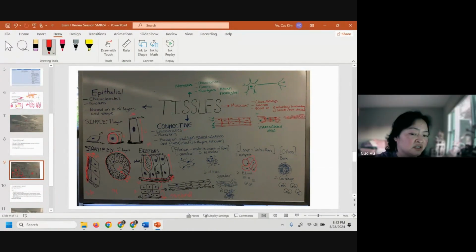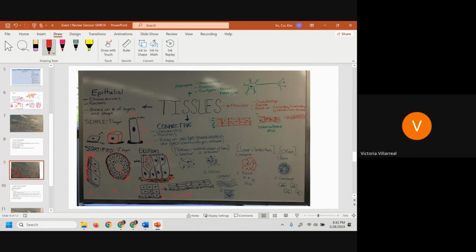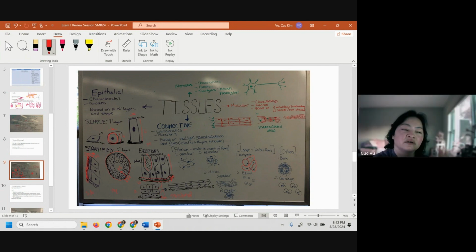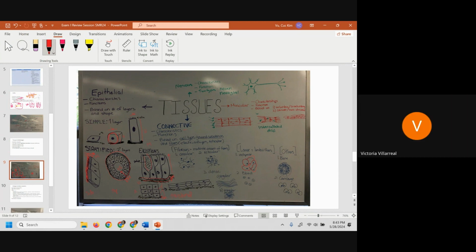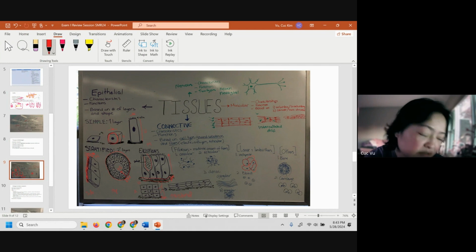The plasma is not just the matrix, but specifically what? Liquid matrix. Matrix includes ground substance and fibers. So the plasma would be mostly what? Like the red and white blood cells. So the red and white blood cells would be the cells.